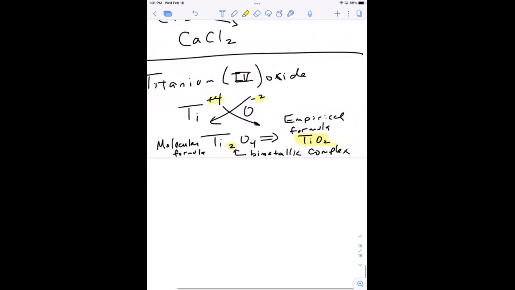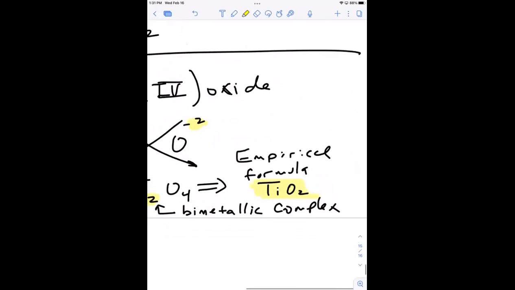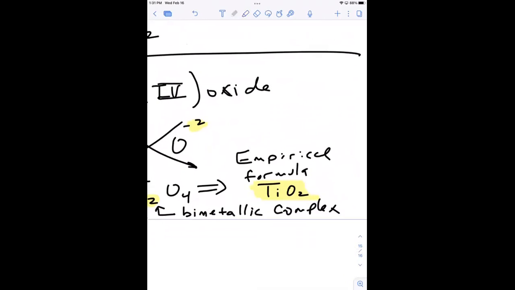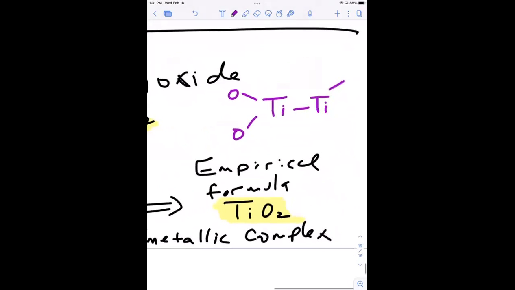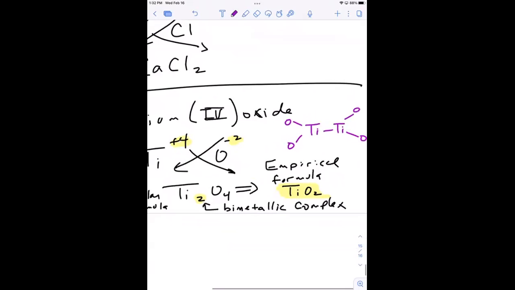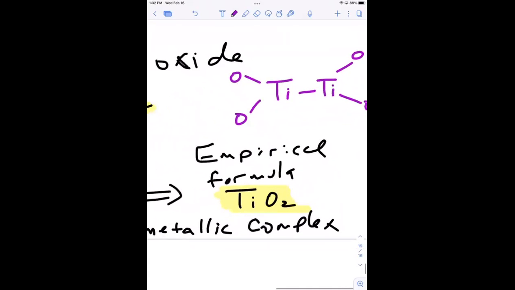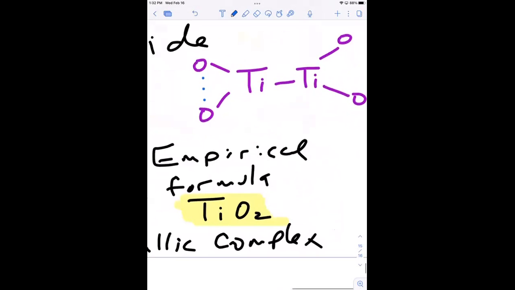All right. So the way that a complex like this would look, you basically would have a bond between 2 titanium atoms. So titanium would look like that. And then 2 oxygens on each one. Right. So Ti2O4. And more than likely there's going to be a bond here between the oxygens as well, just to satisfy the octet.